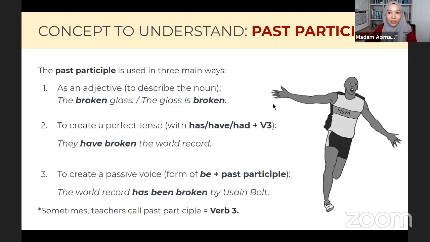The glass is broken. But our concern is number 3, but I'll talk about number 2. Past participle is also used to create a perfect tense. Perfect tense is when you use has, have, or had plus, that's when I want to use the term verb 3, which is a past participle. They have broken the world record. Okay. They've broken the world record.